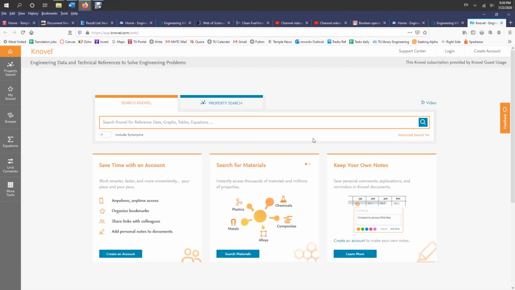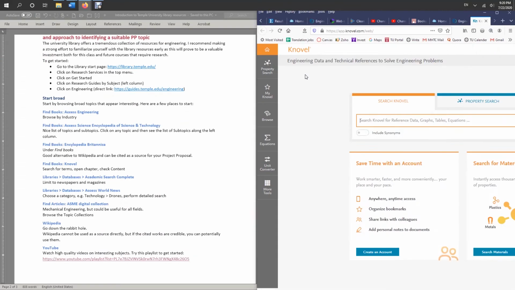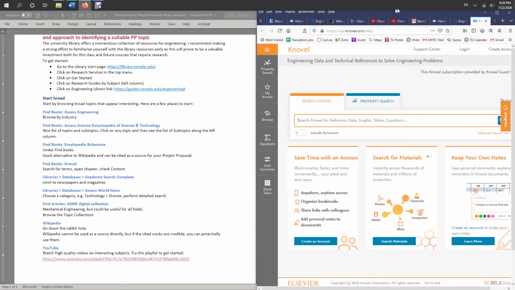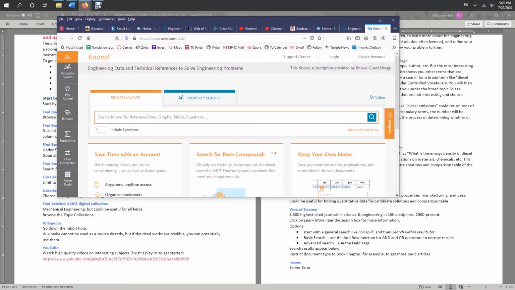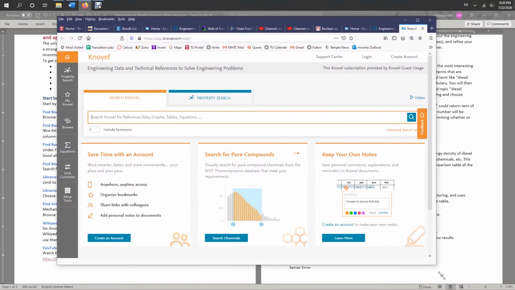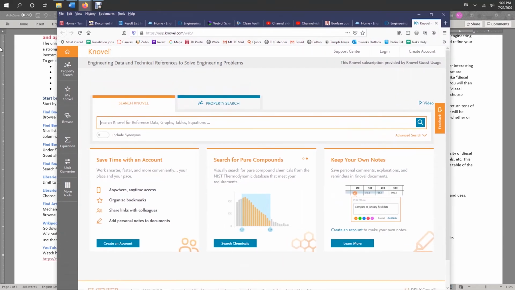Now, we had looked at Knovel earlier. We did the browse function over here. That was pretty cool. We found some topics. You can also use this property search.